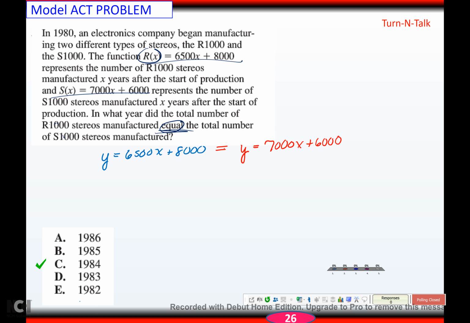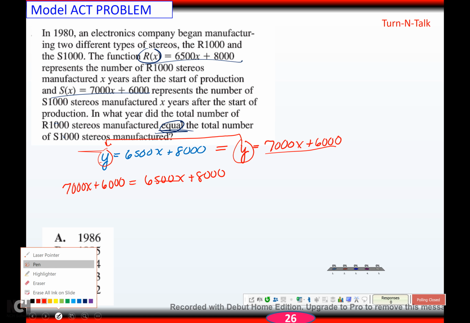I'm going to use substitution for this system instead of elimination, because I've already got letters alone. So if I already know what a y is worth, I can either take this blue to this red side or this red to that blue. I'm going to take the red to the blue and replace this y with what it's worth, which is 7000x plus 6000, and that has to equal 6500x plus 8000.